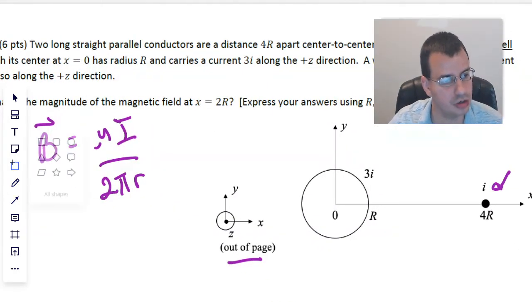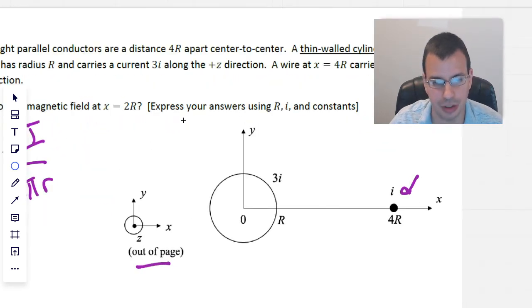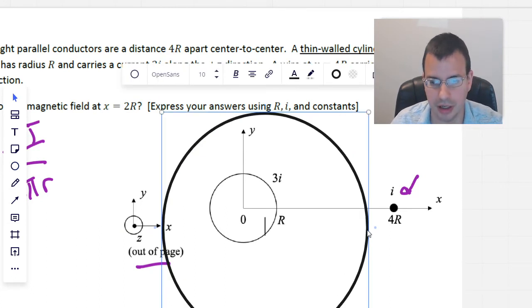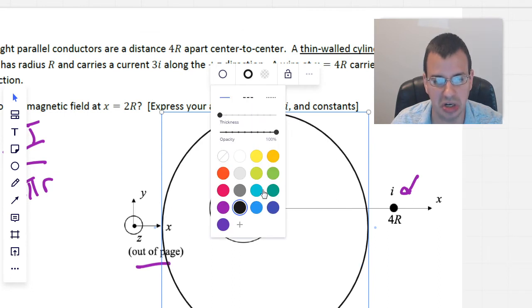So if we draw, we're looking at x equals 2r, so halfway between the two. We have something kind of like this maybe. Take our circle, a little bit thinner. Purple? Yep, definitely should be purple.